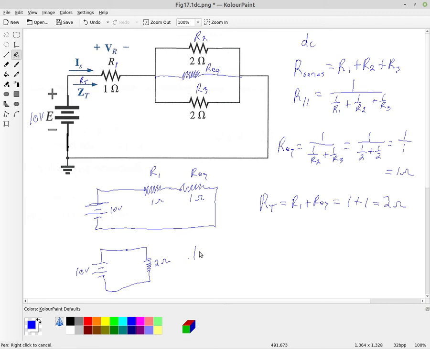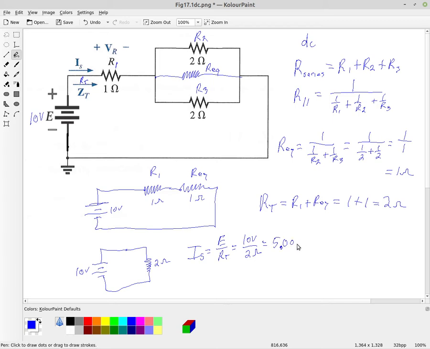And so using Ohm's law, we can calculate the supply current, or the total current, is equal to the supply voltage E divided by the total resistance. So we have 10 volts divided by 2 ohms, which gives me 5.00.